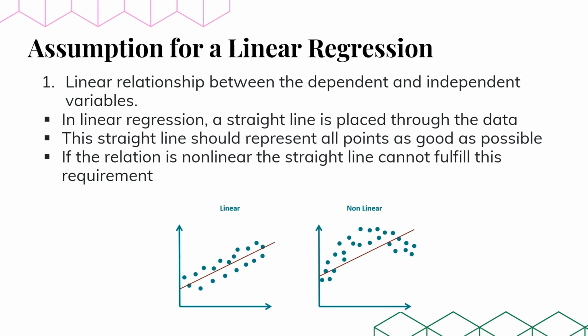As you can see in the illustration, the first one represents a linear relationship between the dependent and independent variables, while the second illustration fails to show a linear relationship. So it is not possible to put a regression line meaningfully through the points, since it is not possible to estimate the coefficients of the regression model and it cannot be interpreted meaningfully.